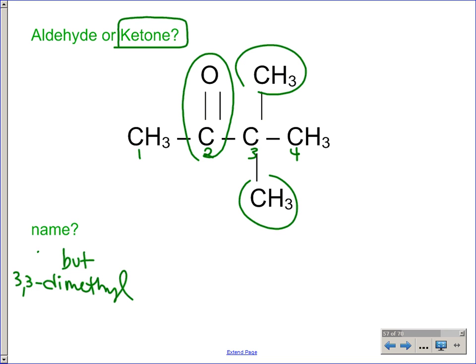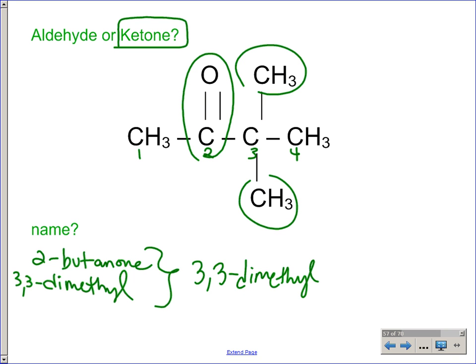So we're going to have 2-bute, but then you need to know the suffix of the ketone, which is butanone. So put it together as 3,3-dimethyl 2-butanone. This is a lower number, so we have prioritized that carbonyl group.